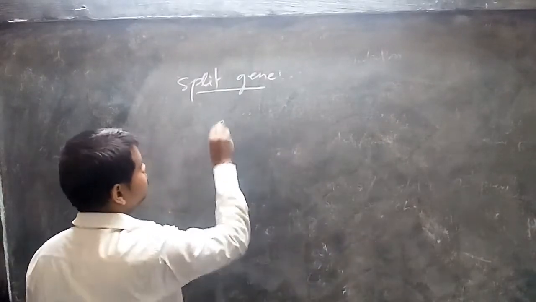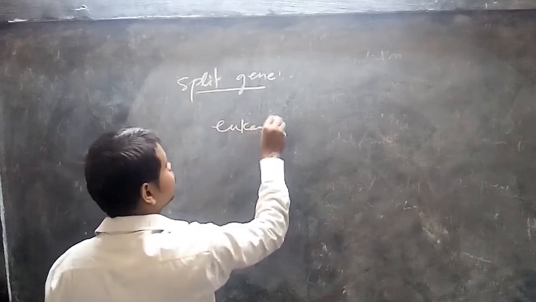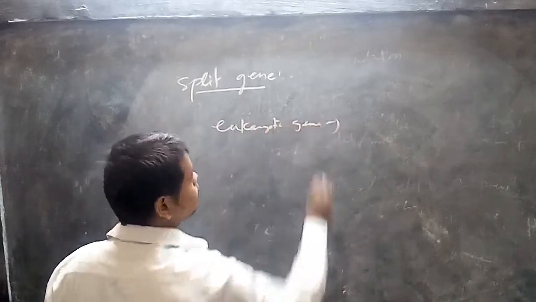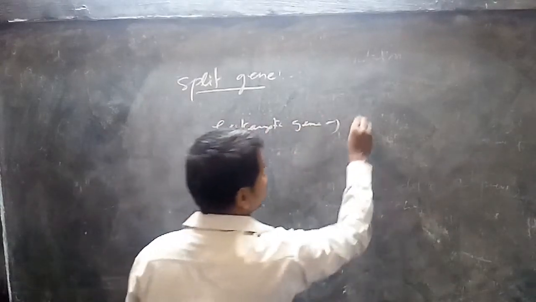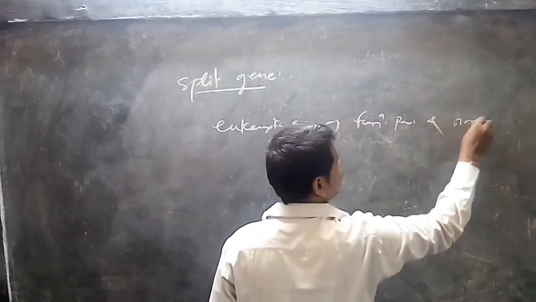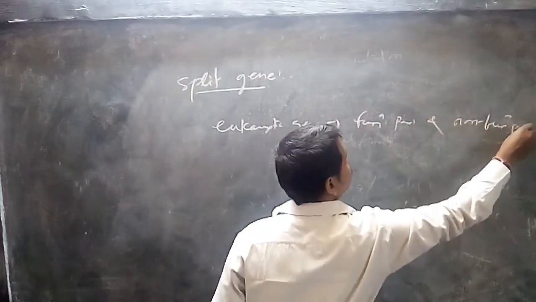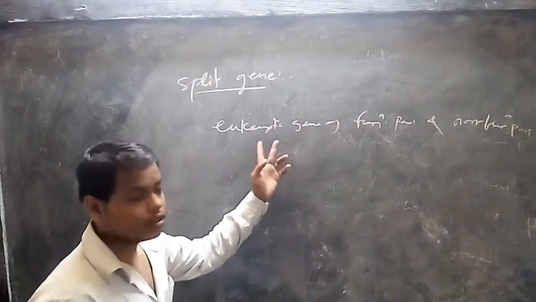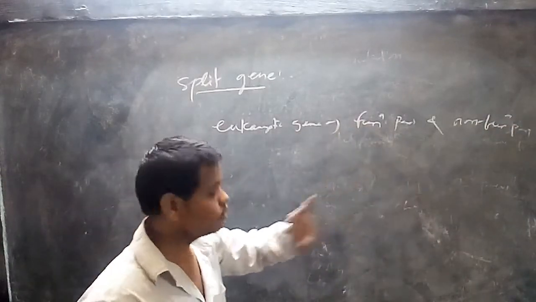But the eukaryotic gene consists of a functional part and a non-functional part.